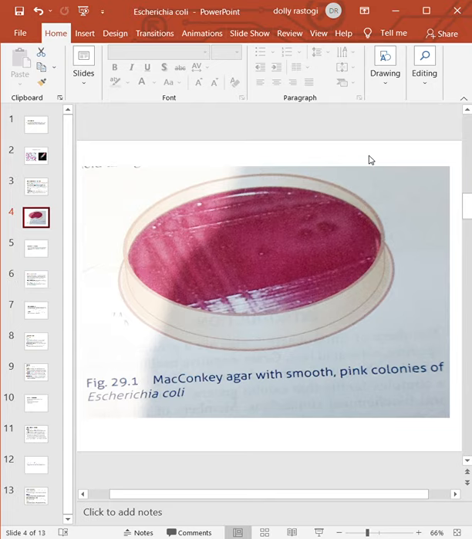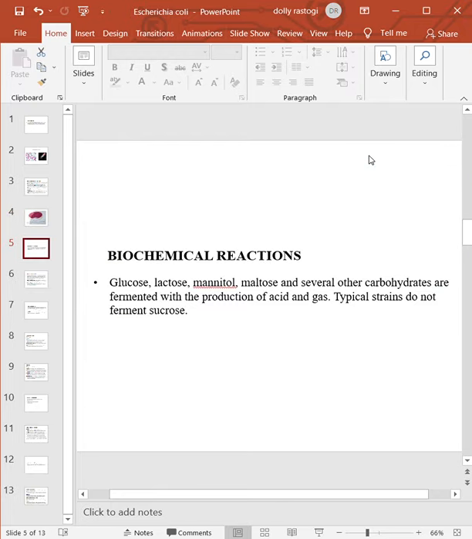Now this is a slide of growth of E. coli on MacConkey agar showing lactose fermenting smooth pink colored colonies. Now coming to the biochemical reactions. Glucose, lactose, mannitol, maltose and several other carbohydrates are fermented with the production of acid and gas.